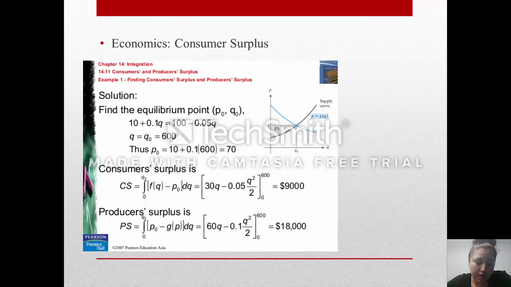Now, the consumer surplus is given as CS equals the integral from 0 to Q naught of f of Q minus P naught dq. And the producer surplus is given as PS equals the integral from 0 to Q naught of P naught minus g of Q dq.